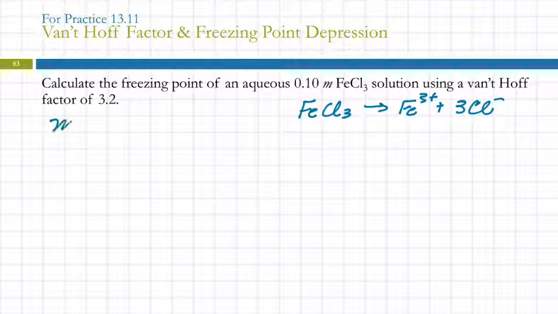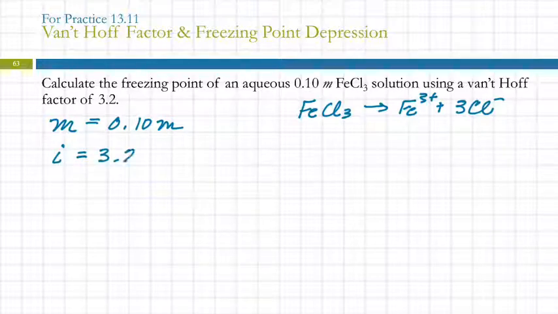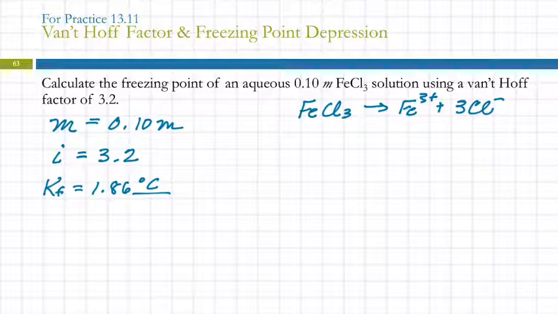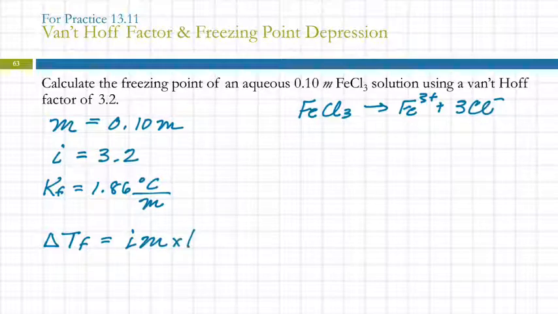So we have molality is 0.1 molal, and i is 3.2, and we need the freezing point depression constant for water, which is 1.86 degrees Celsius per molal. I just happen to remember that. So the change in the freezing point equals i m Kf.